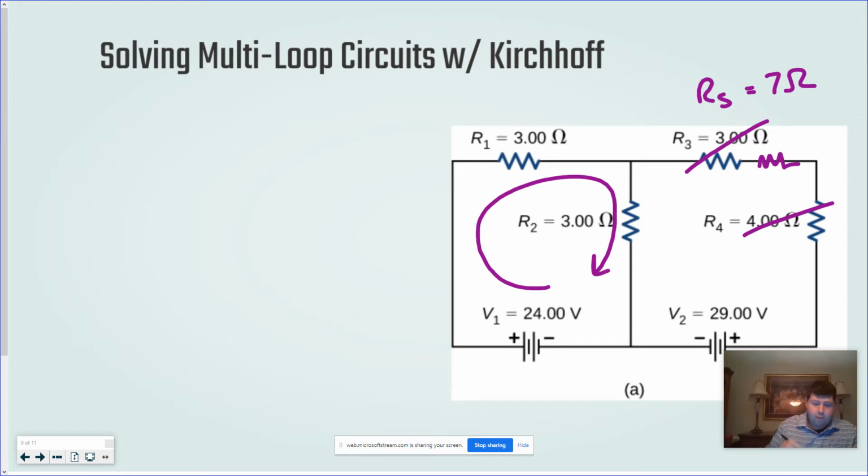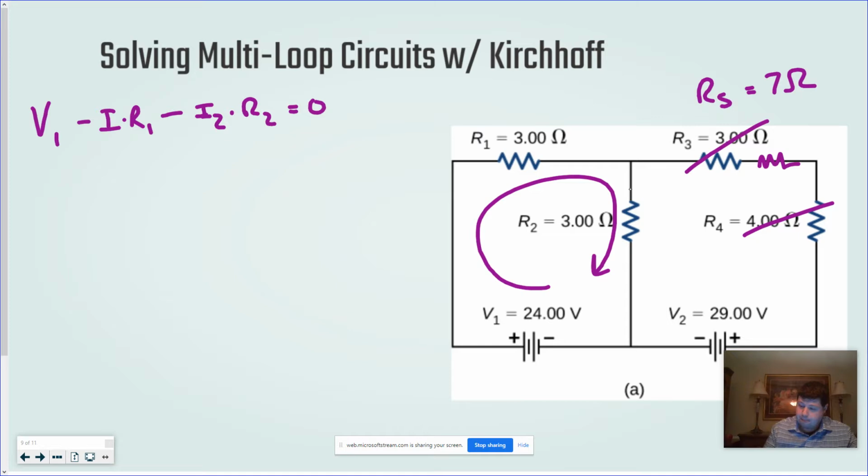Now, in that loop, remember, voltages across batteries will add if you're going the right way. So I get V1, and then I know that it's going to go down across a resistor. So minus I1 times R1 minus I2 times R2 has to equal 0, where I1 and I2 are the currents through R1 and R2.